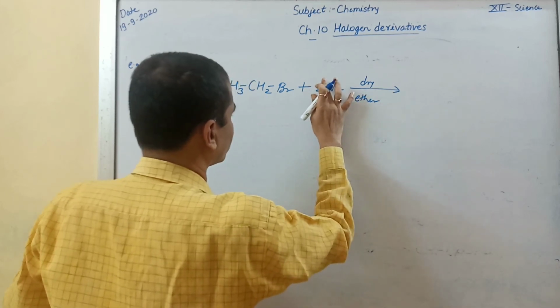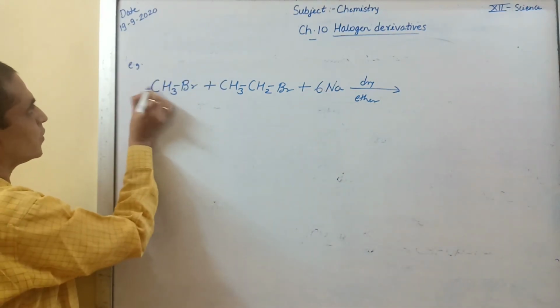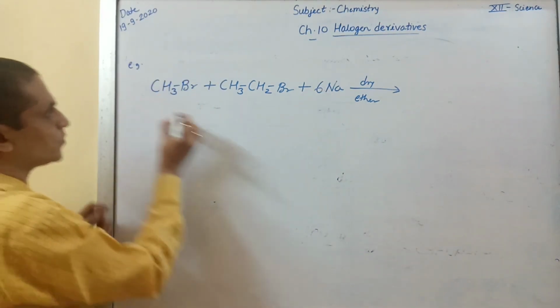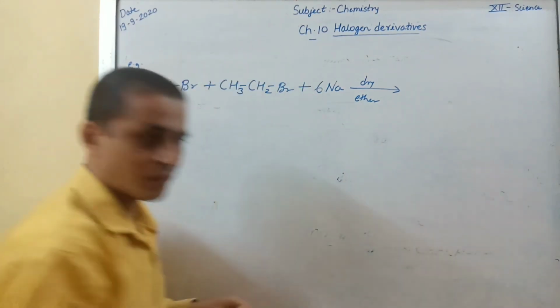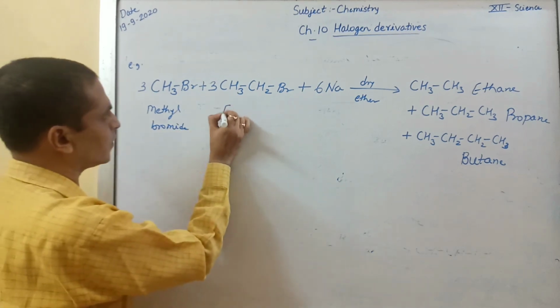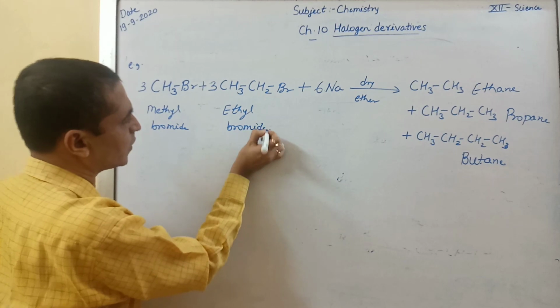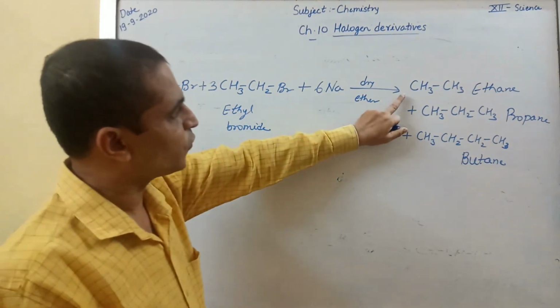We'll balance afterwards and put here 6Na and here we require methyl bromide, ethyl bromide. I have taken here different alkyl halides. Then you get what? Mixture of alkanes.